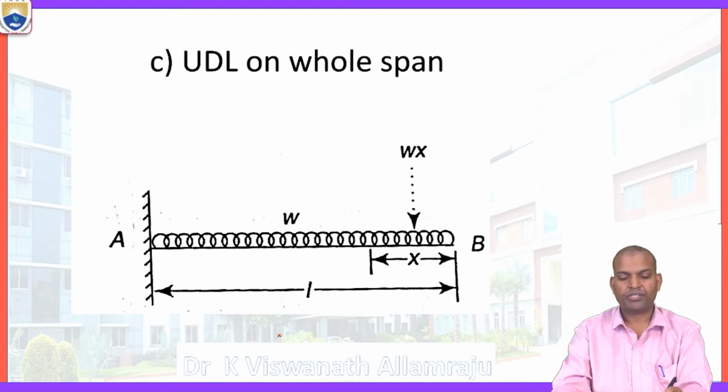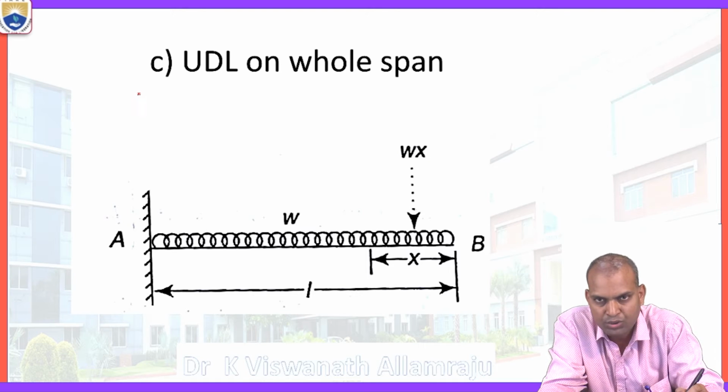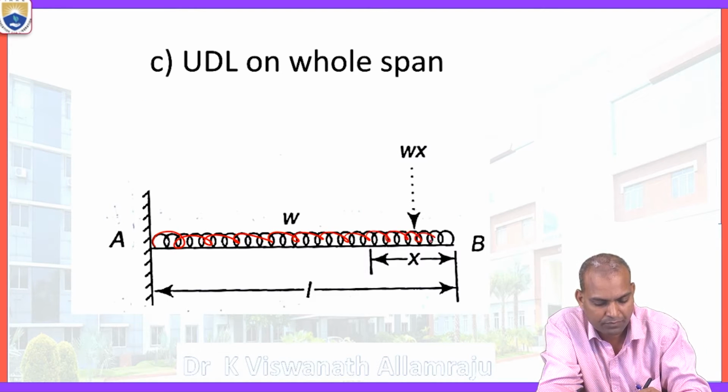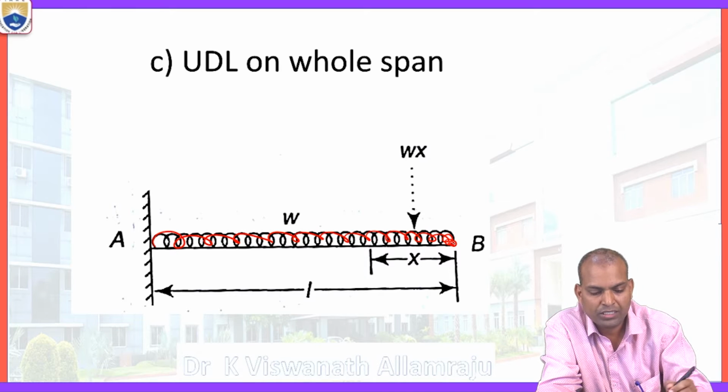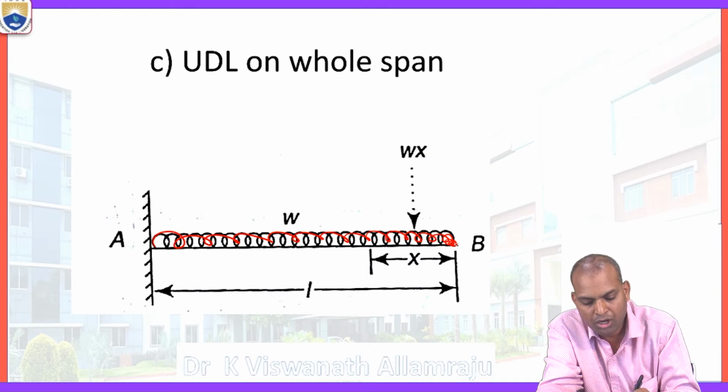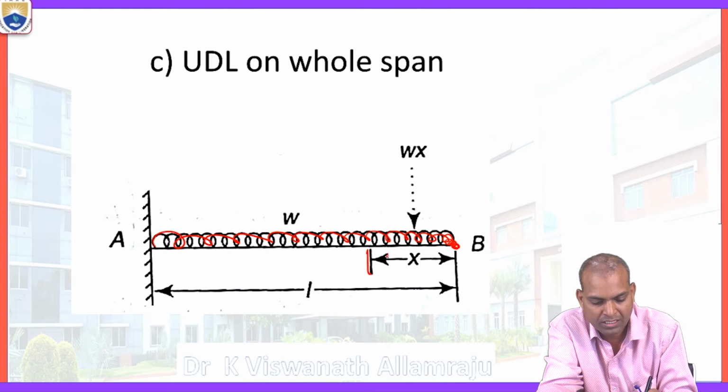Now next case. The case is uniformly distributed load throughout the span of the beam. Now this is the case. For this case, if the total UDL is acting throughout the span of the beam, now the origin of the distance is point B. From this origin, we are going to consider the distance x.